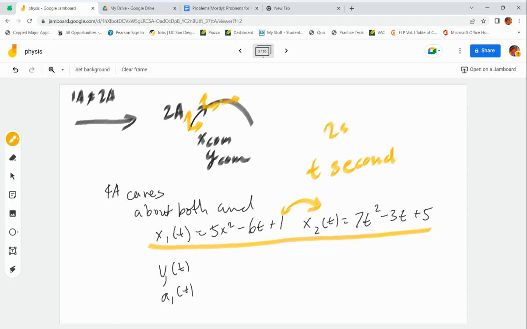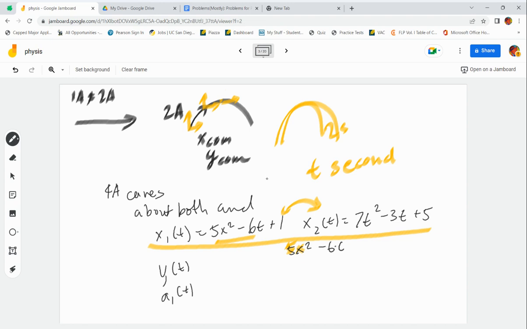Wait a second. Two times, so it's like this and this. That's how they meet, and the particles meet each other at 2 points. What you have to do is say 5x squared.